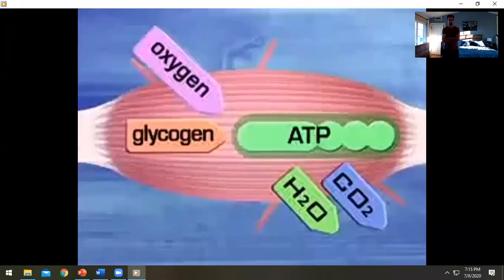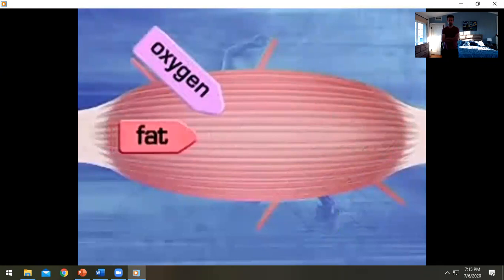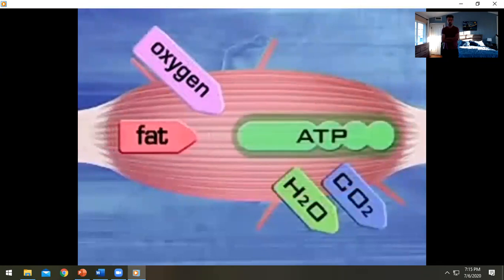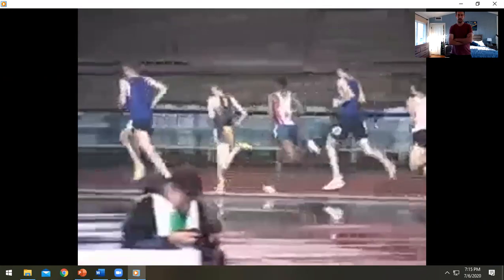But after about 2 hours of continuous aerobic activity, glycogen is all used up and fat takes over as the source of ATP synthesis. That's hitting the wall. Marathon runners say they can detect when this occurs in the body and refer to reaching that point as hitting the wall.